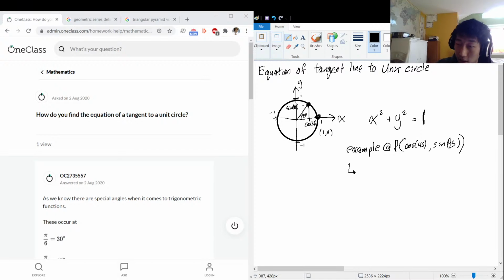This would be subbed into this equation: cos squared of 45 plus sine squared of 45 equals 1. And we know that cos squared plus sine squared of the same argument is always equal to 1, so we know that this has to be right.